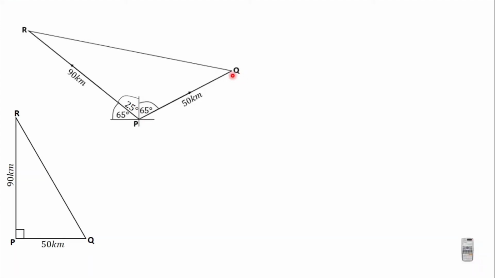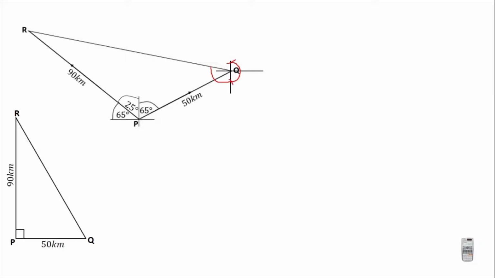Because we are going to take the bearing from town Q, we will draw our simple x and y plane on Q, that is point Q, because that is where we are taking the bearing from. Now, what is the bearing of town R from town Q? We will measure the bearing from this point here in the clockwise direction up to the line joining Q to R. From this point here up to this point here is 180 degrees.